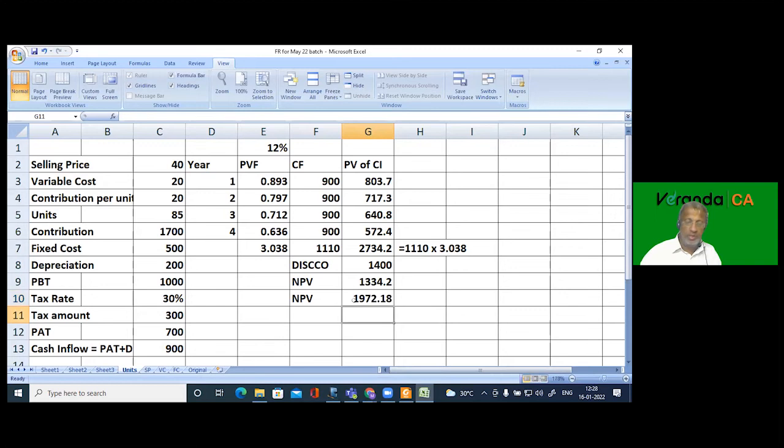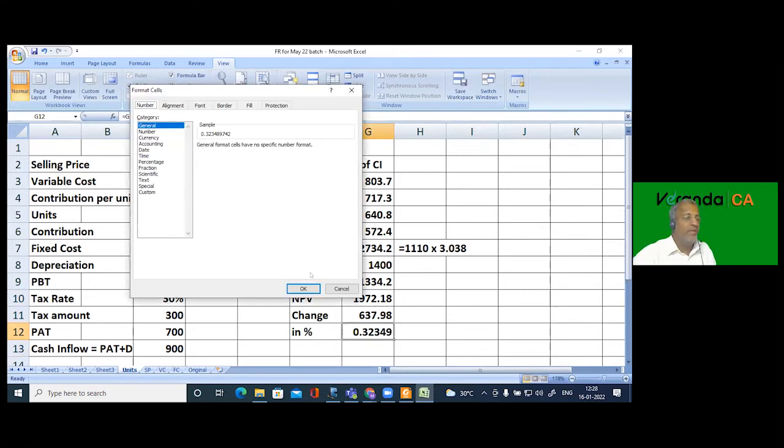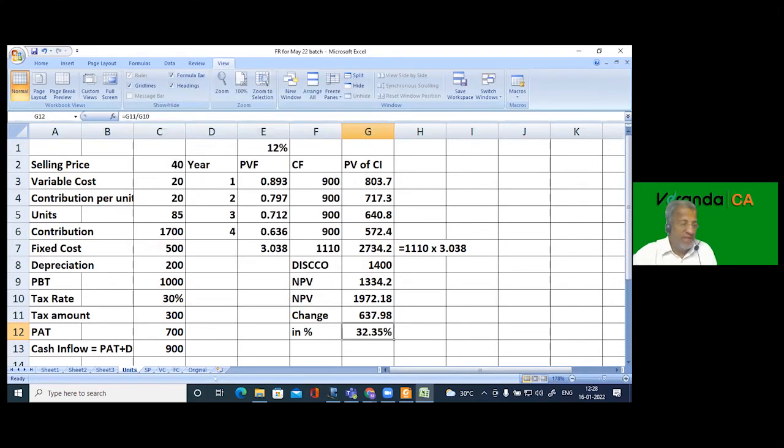What is the change? Change is this much in percentage terms. 637.98 divided by 1972. So it impacted how much? 32.35%.